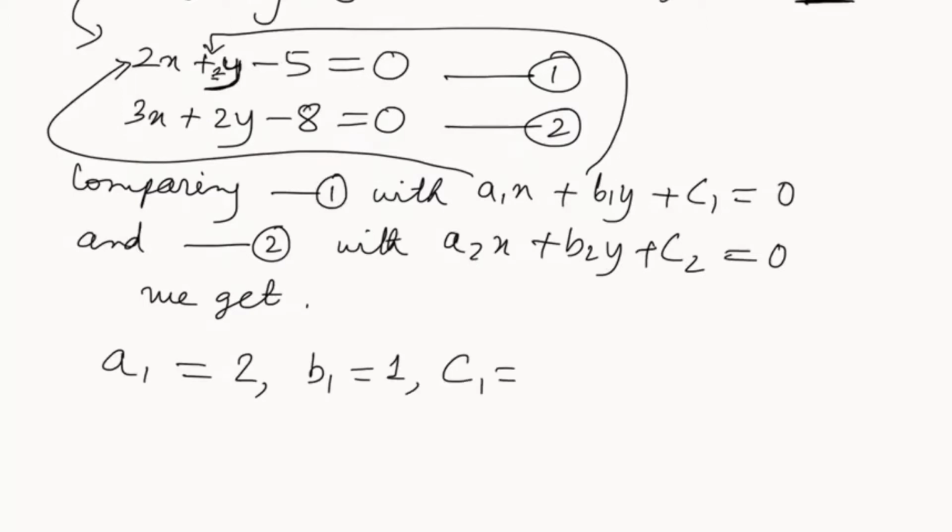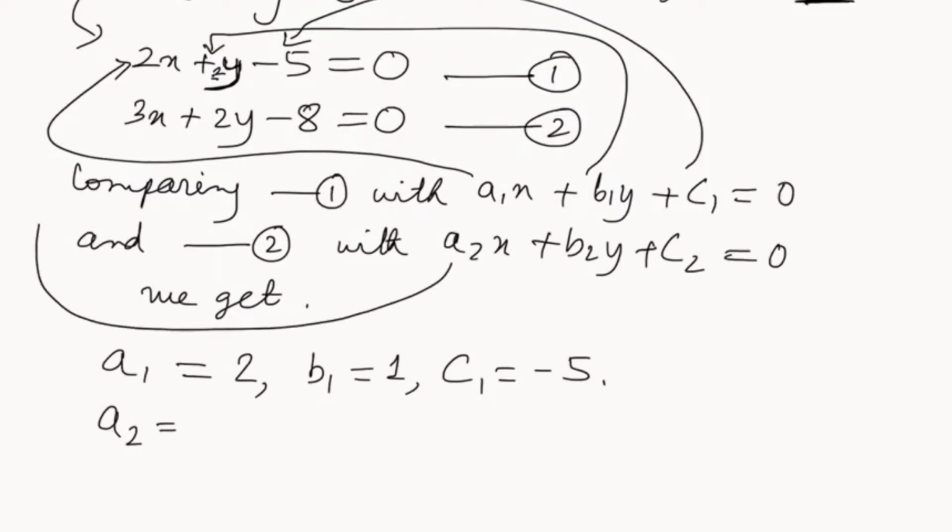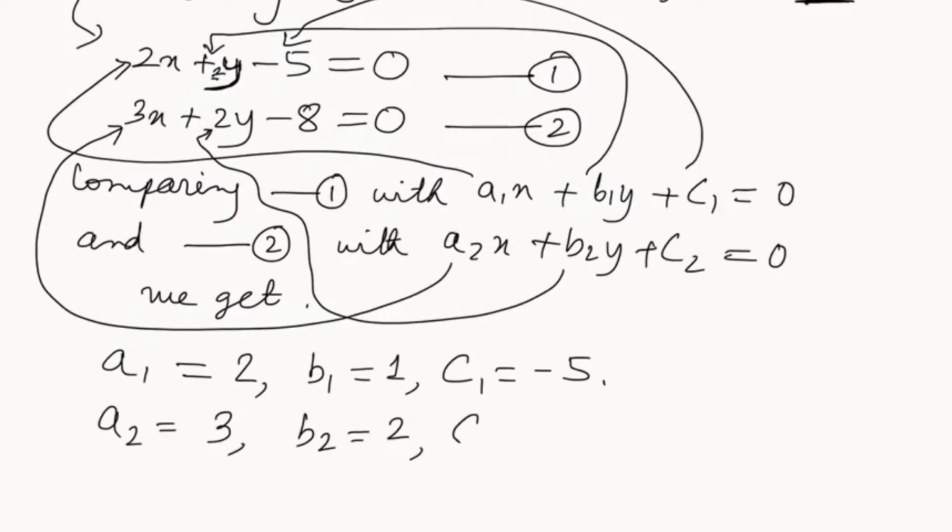What is c1? c1 is minus 5, exactly. Now what is a2? a2 is 3. b2 is 2, and c2 is minus 8.